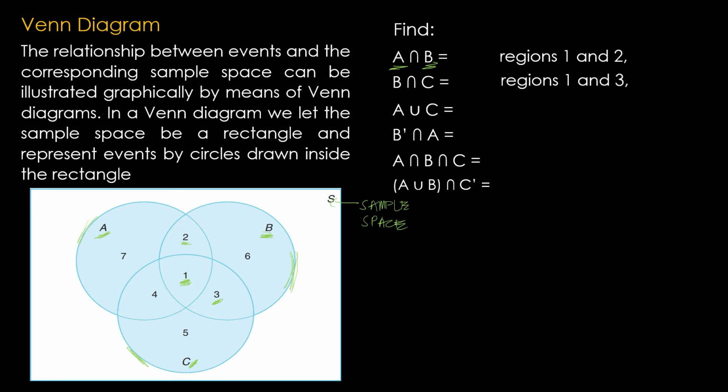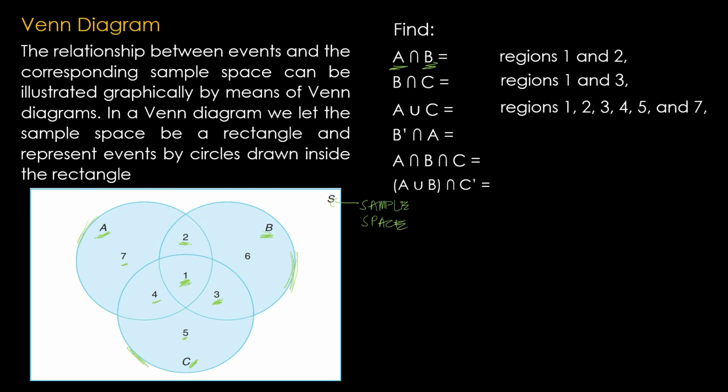For the union naman between events A and C, lahat ng region mo na nasasakupan ng A and C. So, you have 1, 2, 3, 4, 5, and 7. So, kung ano yung nakapaloob, kung ano yung nasasakupan ng A at saka C, yun na yun.